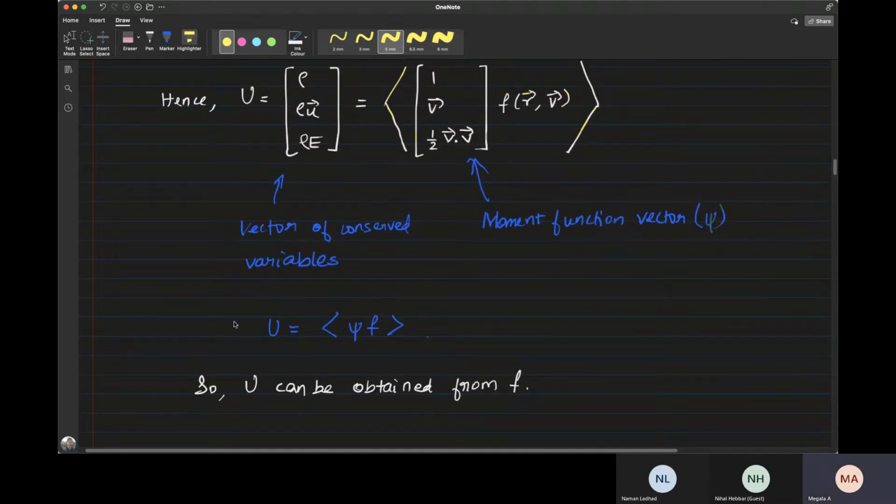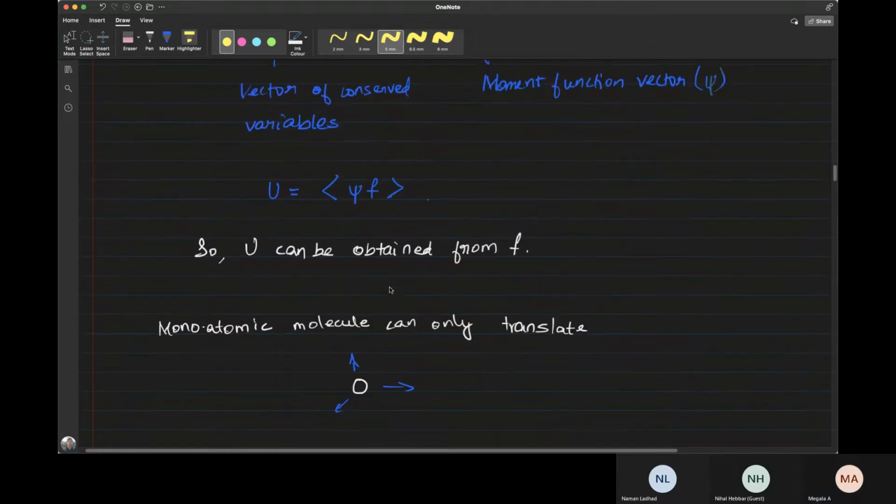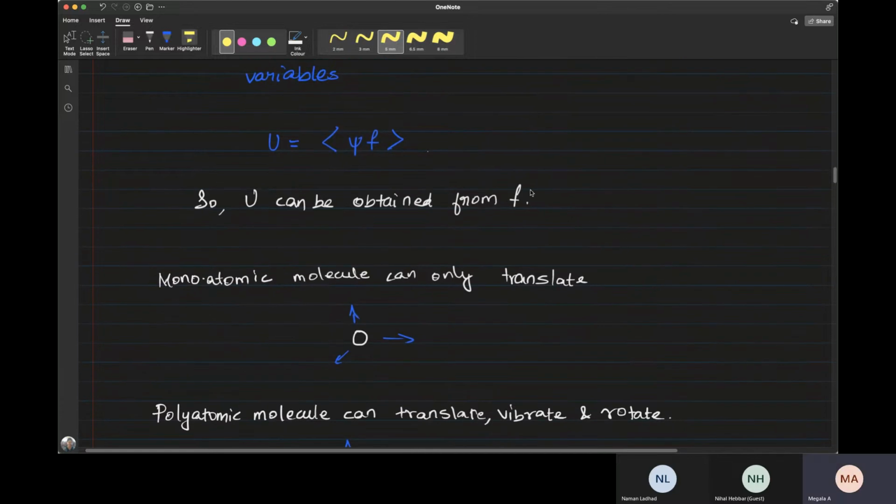So now we can simply write U as the integral of psi f dv. So U can be obtained from f. From this we can evidently see that from the microscopic description, we can go to the macroscopic description.